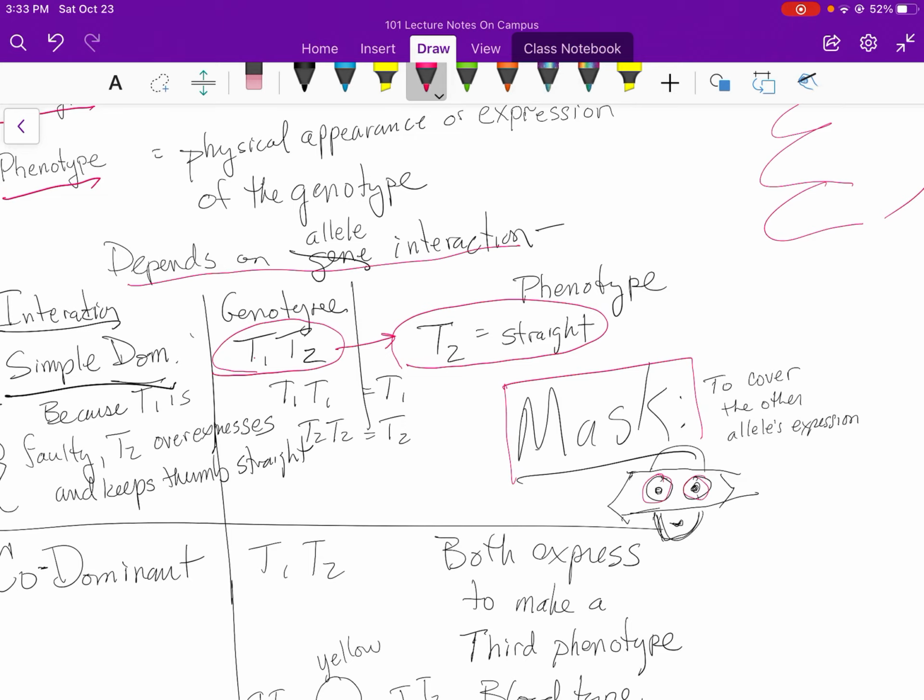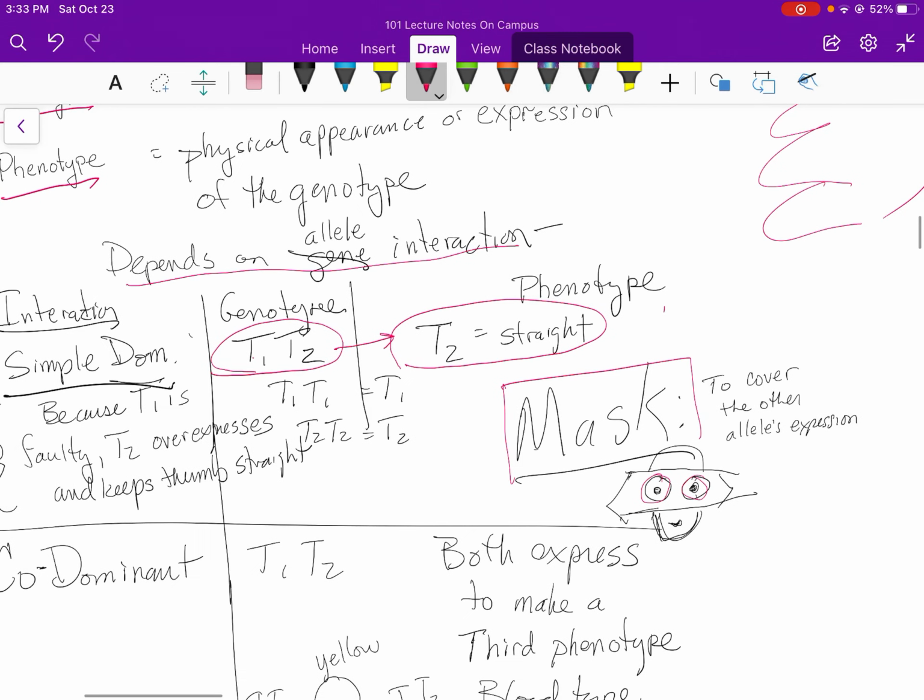This is a word that saves you time in trying to explain it. T2 masks T1 in the phenotype. That's easy, right? So you could just write T2 masks T1 in phenotype. So now you know if an individual has a genotype of T1, T2, they will actually have a phenotype of T2. That means T2 is dominant.